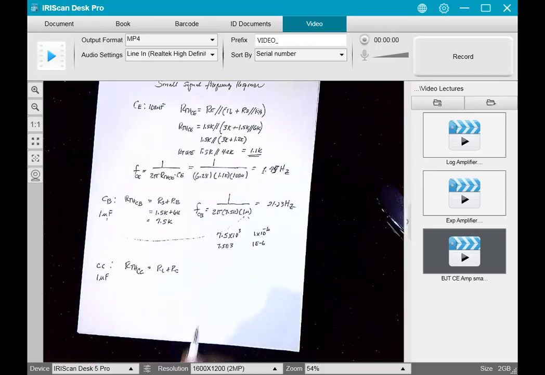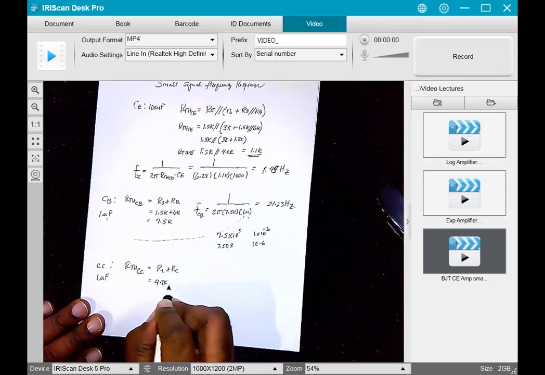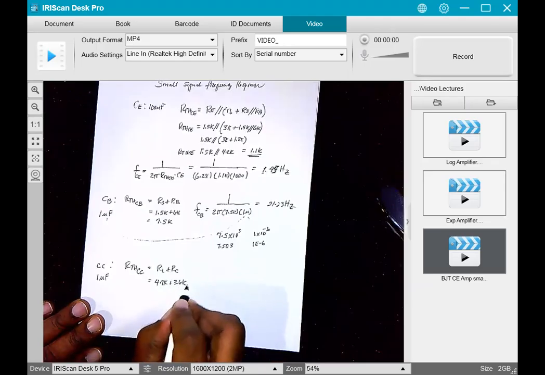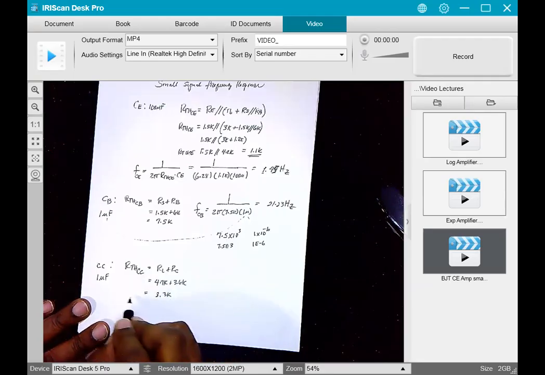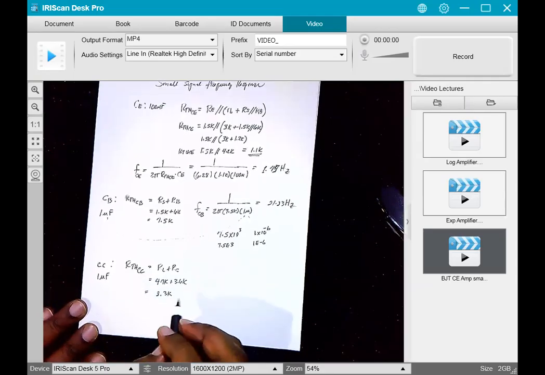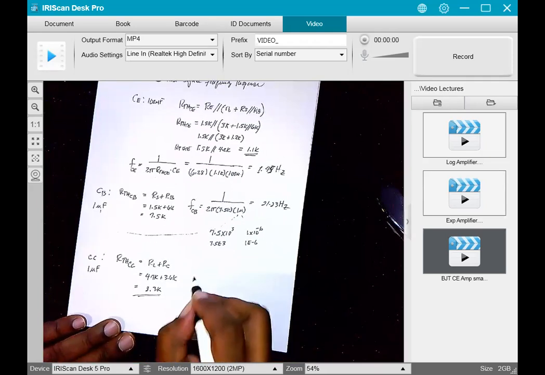Yep, RL plus RC. And RL and RC are 3.6K and 4.7K. So this is 4.7K plus 3.6K. Oh, that's that 0.3. That's a K here. Was it 8.3? Yes, sir. So R Thevenin, seen by your C sub C capacitor, is 8.3K.